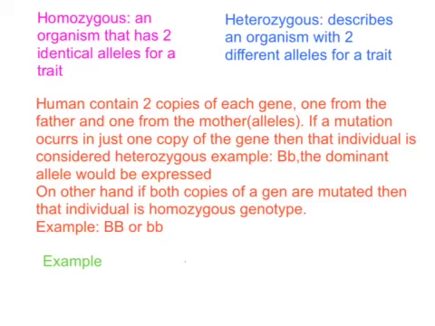The tall allele is represented with a capital T, while the short allele is represented by a lowercase t. The genotype TT represents the homozygous condition, while Tt represents the heterozygous condition.